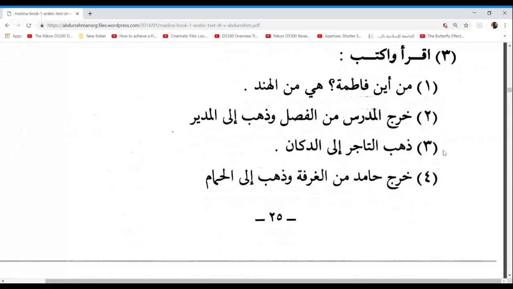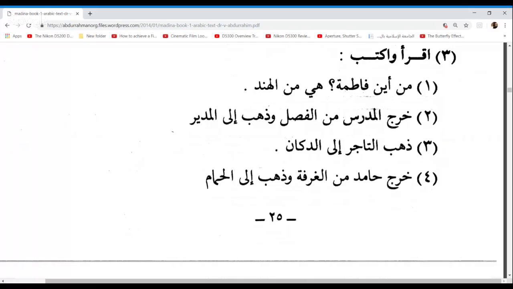ذهب التاجر إلى تاجر. Okay, Yusuf, it's a very common thing that people do. For example, you said ذهب التاجر. Is it ta or ta? تاجر. Exactly. There's a big difference in the sound between the two.